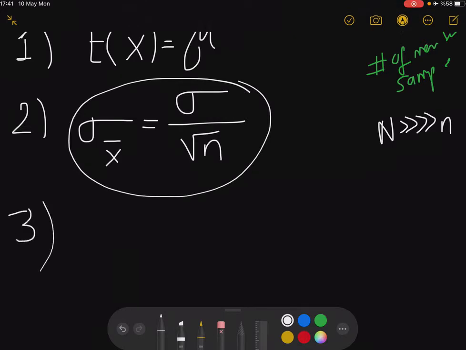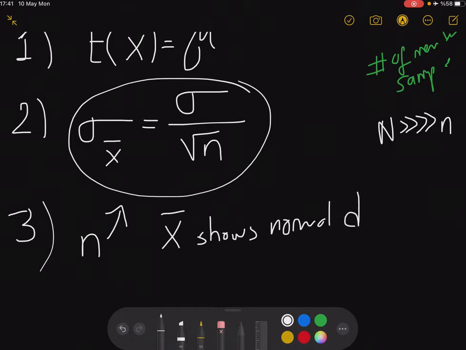And the third one is if your n is large enough, x bar can be said to show normal distribution. Arithmetic mean shows normal distribution. This is also another conclusion that can be drawn.